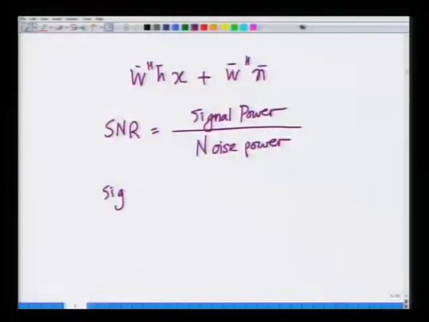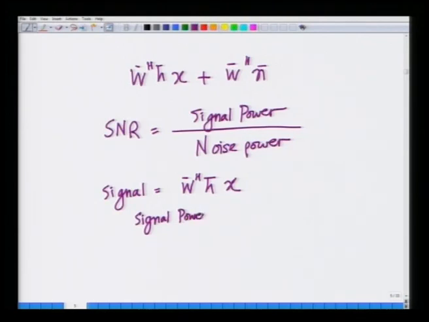The signal is W bar Hermitian H bar times x. So, this is like some constant multiplying x. So, the signal power is nothing but the magnitude of this constant W bar Hermitian H bar, squared, times the power in the signal, which is P. Remember, we also had something similar to this in the single link wireless communication system.